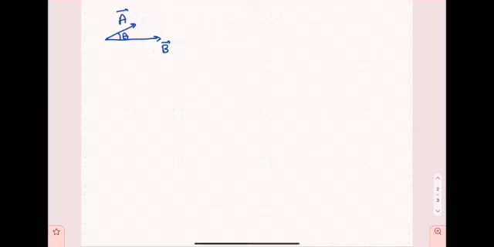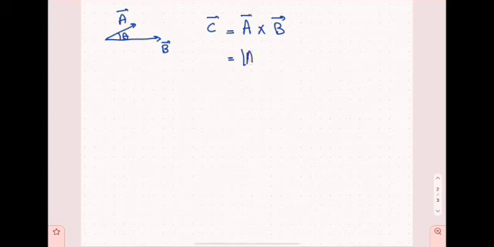Now we define vector C as the cross product of A and B, and this is the notation for a cross product. This would be the magnitude of A times the magnitude of B times the sine of theta, this theta being the angle between the two vectors. So far this is only a scalar, but we said C is also a vector, so now we also need a vector here.